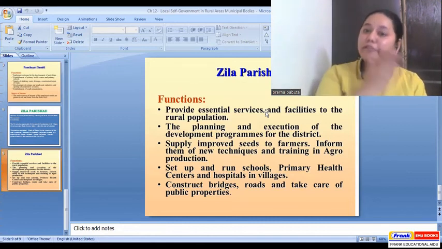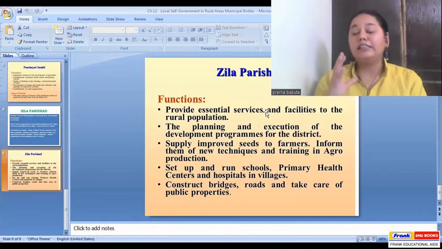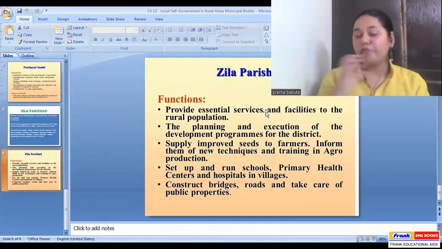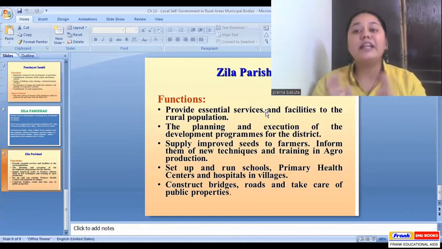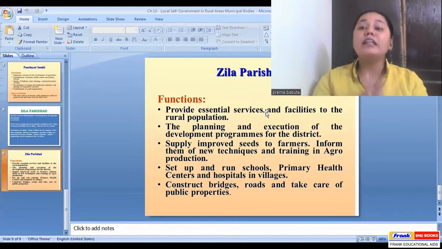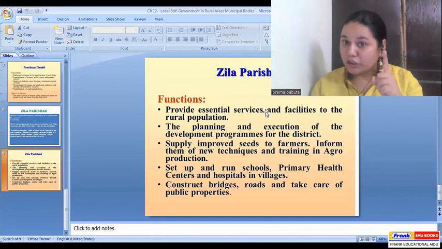Correct? And whether it is the functions of gram panchayat, or functions of block panchayat, or at the zilla level, all of them more or less have the same functions, and the main aim of all these functions is to ensure infrastructural development.